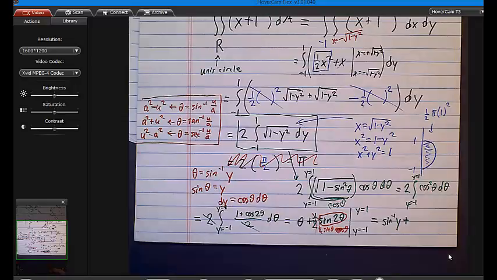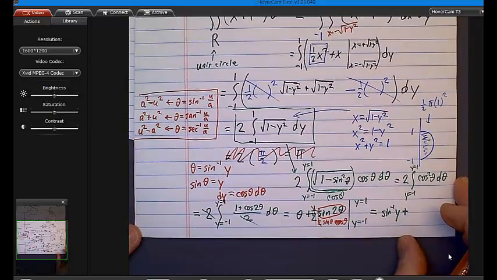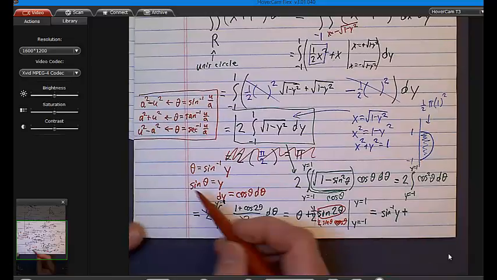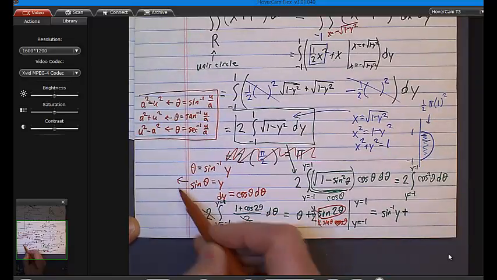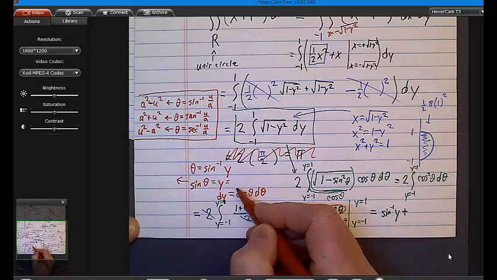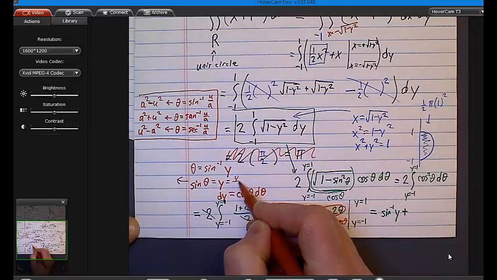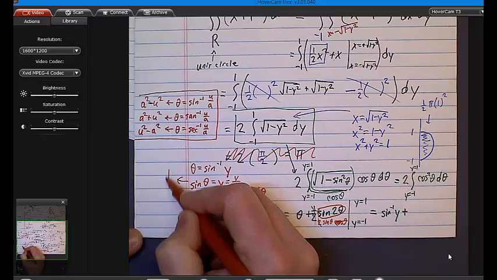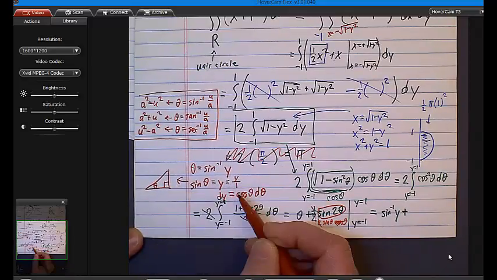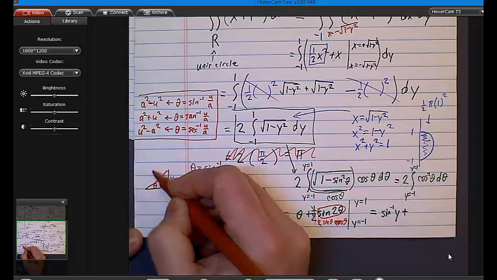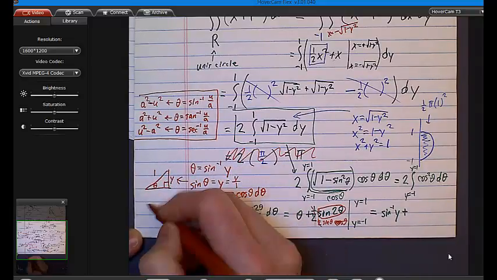And now you have what we should have done a while ago, maybe. Back here when you have sine of theta is y, how do you write that as a fraction? Y over 1. So my picture of the right triangle with theta in it is that sine is opposite over hypotenuse. So this is y, and that's 1. So what's this?